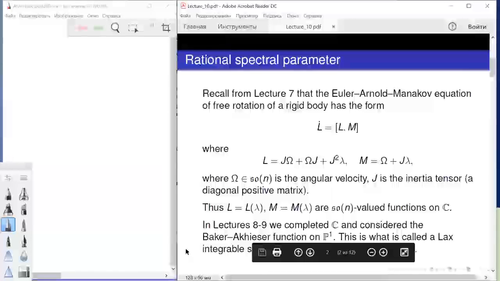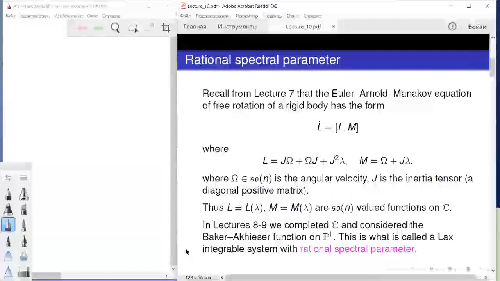For this reason, lambda is called rational spectral parameter, and such Lax equations are called Lax equations with rational spectral parameter.